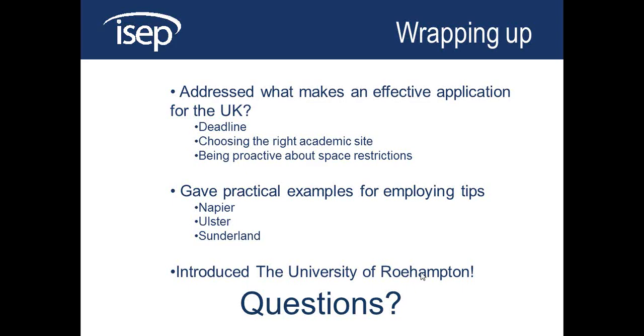What I would encourage is, firstly, not to put direct if it isn't an option. Sometimes the direct option is the only way that we're going to get that student to the UK. So don't put it on there if the student can't actually do it.